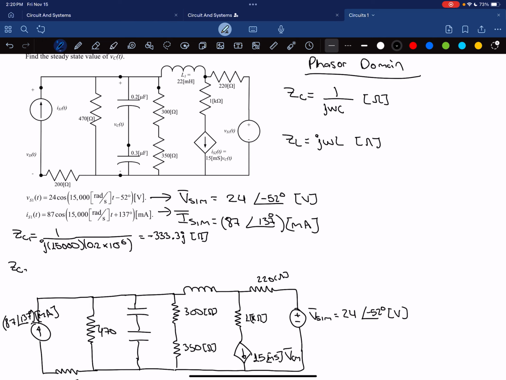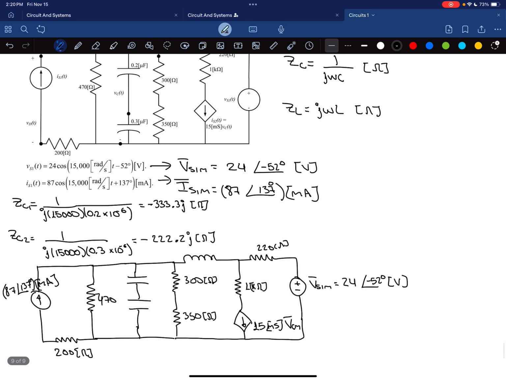Now for my impedance of C2, it's going to be basically the same thing. jω, where ω is 15,000 times 0.3 times 10 to the minus 6. And this is going to be equal to negative 222.2j ohms. Okay, so now we have for this one negative 333.3j, and this one will be negative 222.2j.